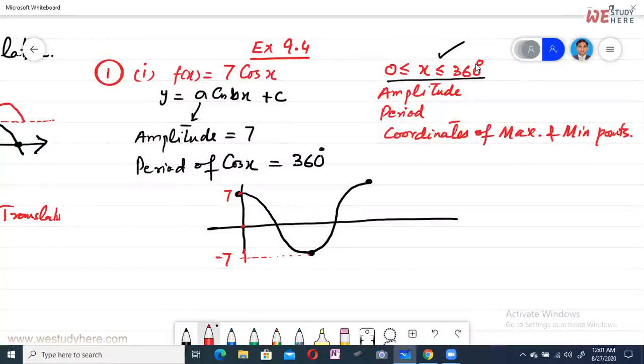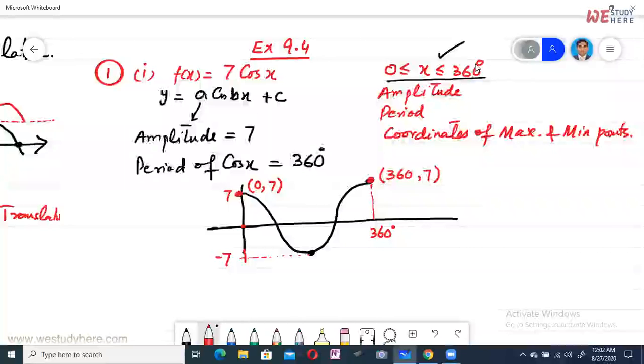One thing is clear here: for this point on the y-axis, x is 0 and y is 7. For this point, as one complete revolution, the period, is finishing here at 360, the x coordinate is 360 and y is the same, 7.